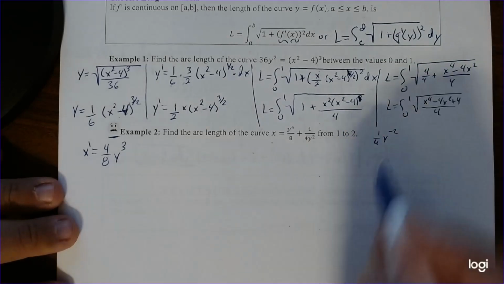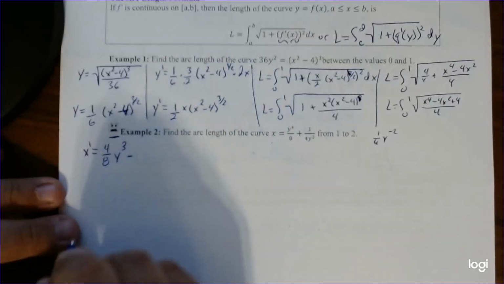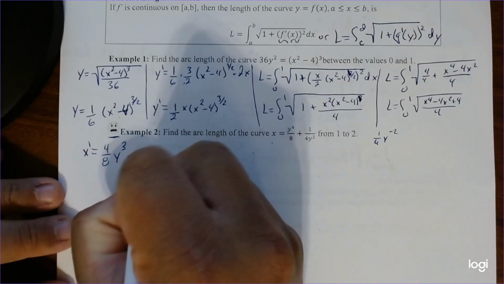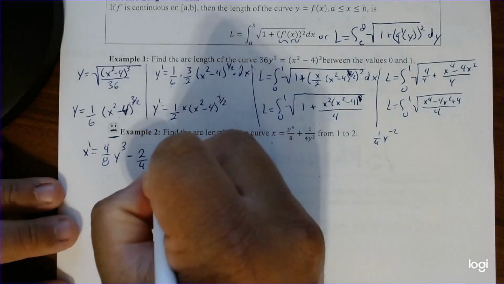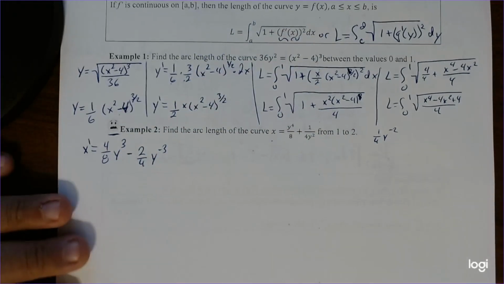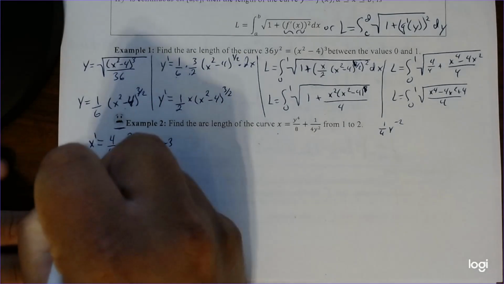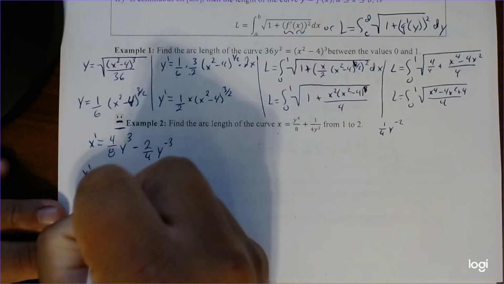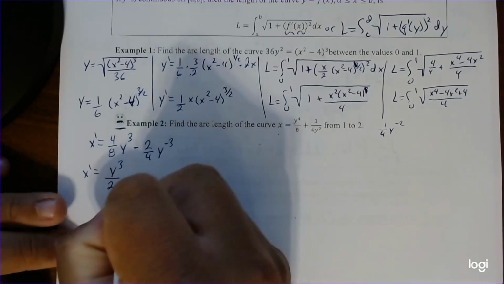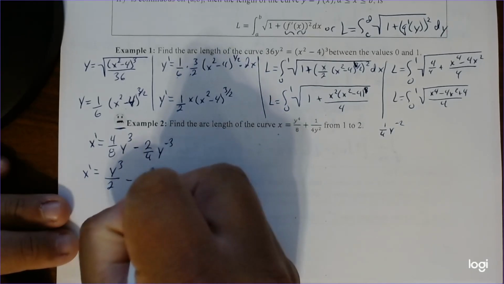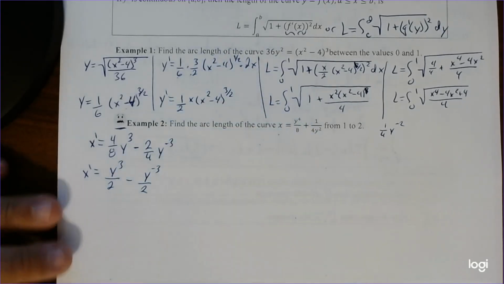So if I take the derivative, this is now negative 2/4 y to the negative third power. And just simplifying this gives us 1/2 and also 1/2, like that.